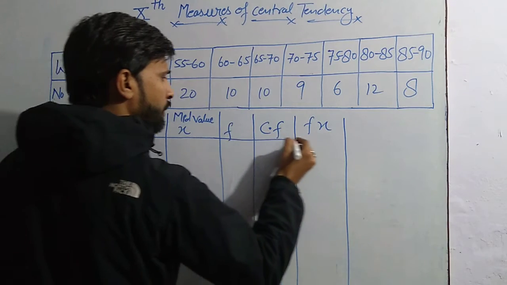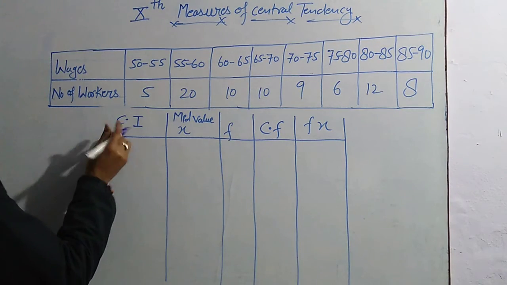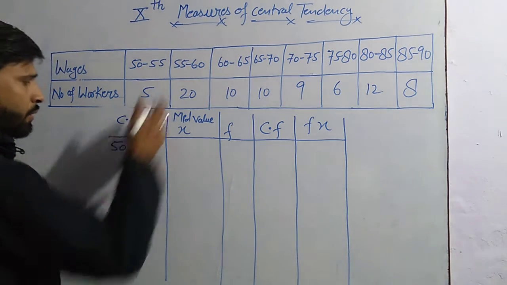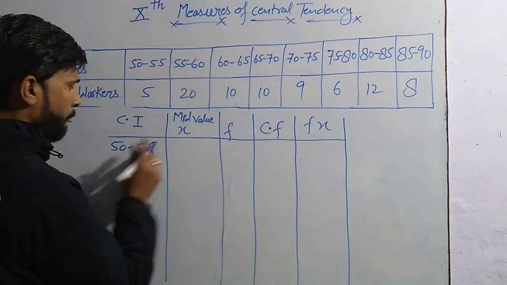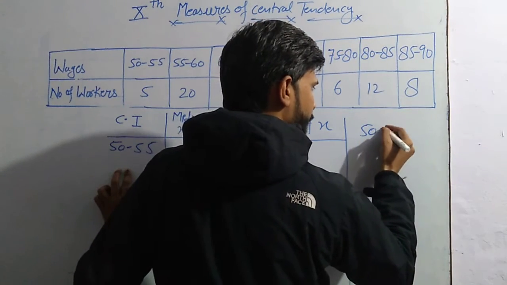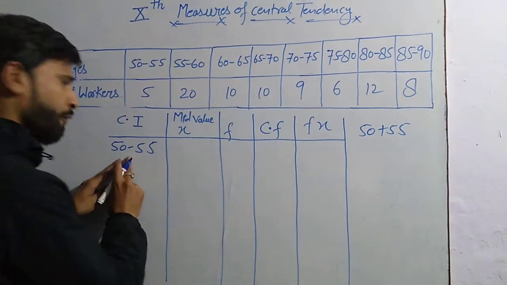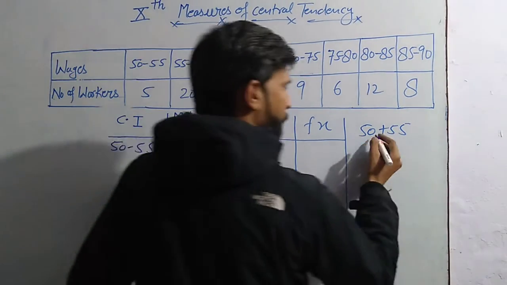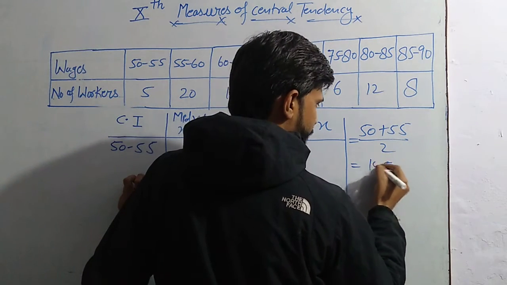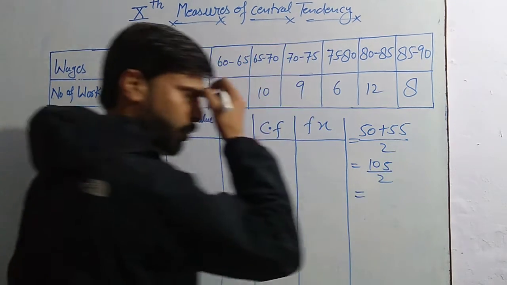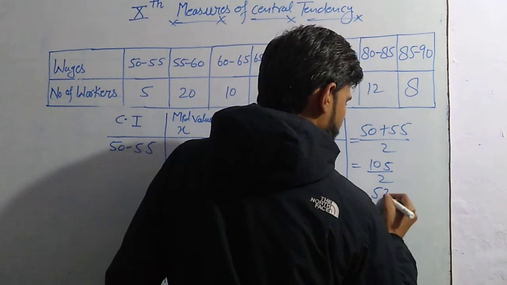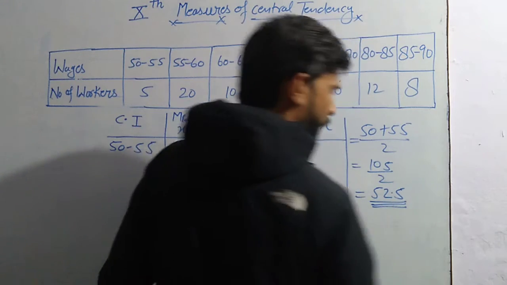From this given data, for the CI 50 to 55, we have to find the mid value this way: 50 plus 55 divided by 2. 105 divided by 2, then we get 52.5.